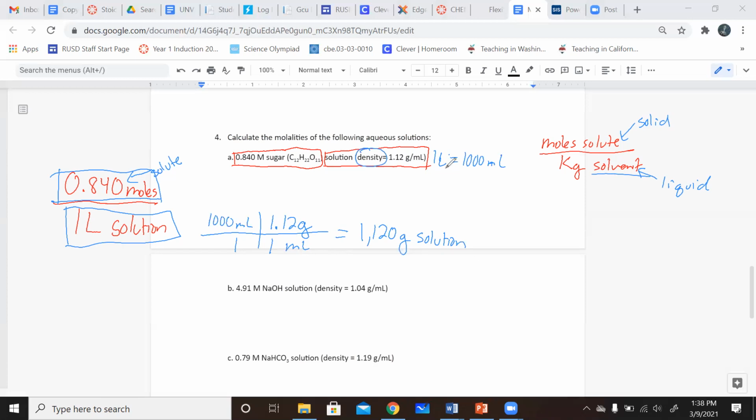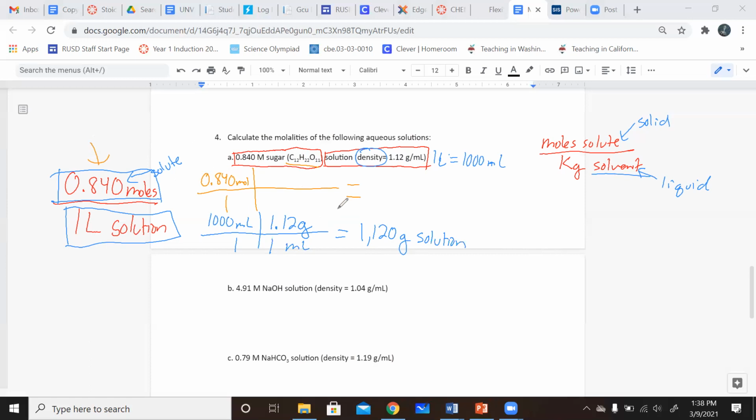So to get that information, we also have to take this number, how many moles of solute are present, and we have to subtract it from the total grams of solution. Okay, so we need to do a T-chart. We need to take our 0.840 moles of sugar, and we need to convert that to grams.